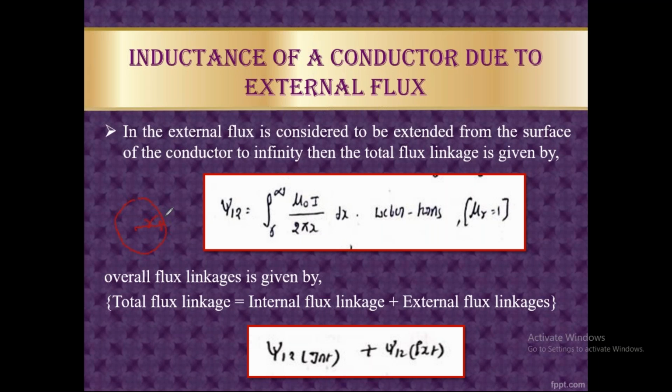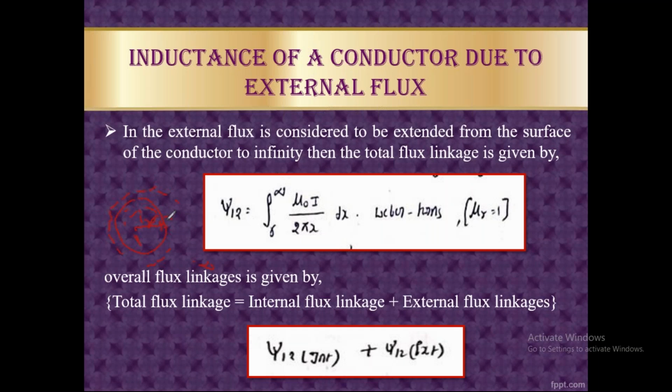So this is the point r. If you want to measure the inductance, after the current flows the flux will be generated like this. Then the flux will flow outside the surface, in the air, up to some distance. We don't know that distance, so we can say it is infinity. It means that outside the conductor the flux linkage travels from point r to infinity. So we have to derive the total flux linkage from r to infinity.